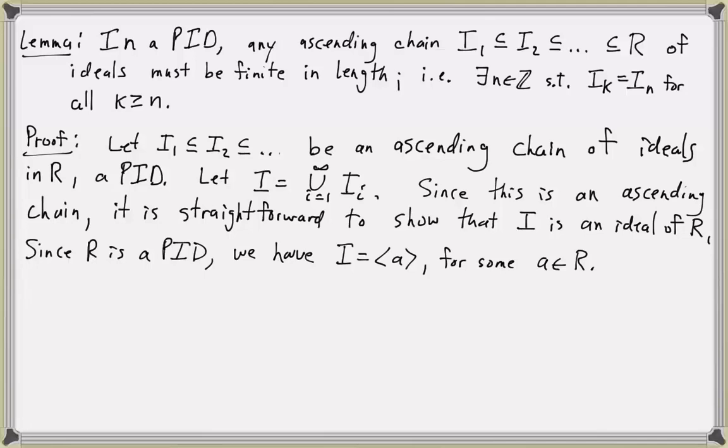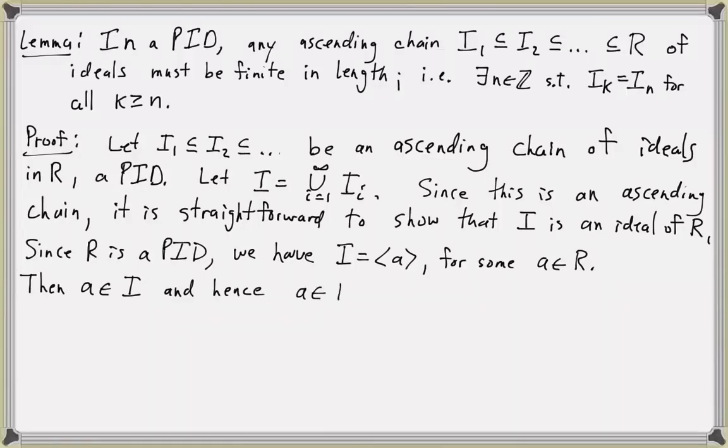So then this generator a is an element of the ideal I, and hence, I being the union of the ideals Ik, a must be contained in a particular ideal, In, for example.